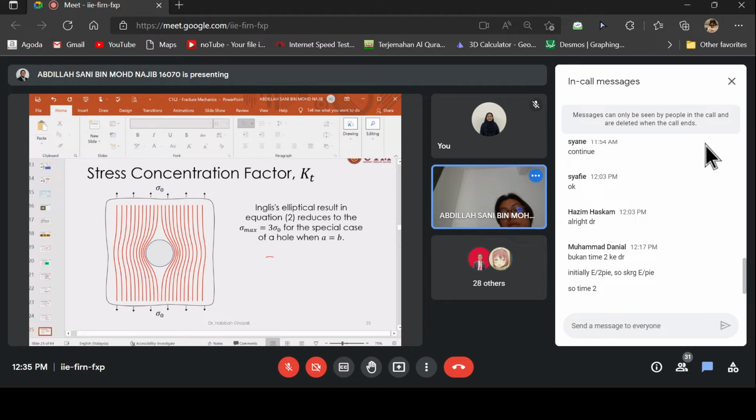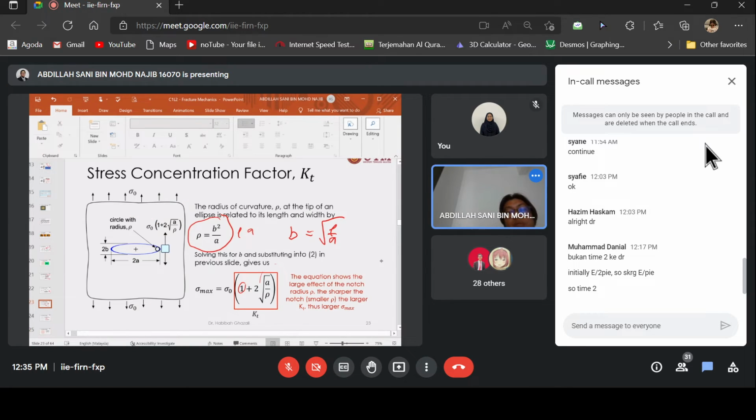When a equals b, rho is equal to a. With a equal to b, rho equals a squared over a, you strike off the a, and you get rho equal to a. So a over rho becomes 1, the square root of 1 is 1, you times 2, plus 1, you get 3 sigma naught. This is a special case.